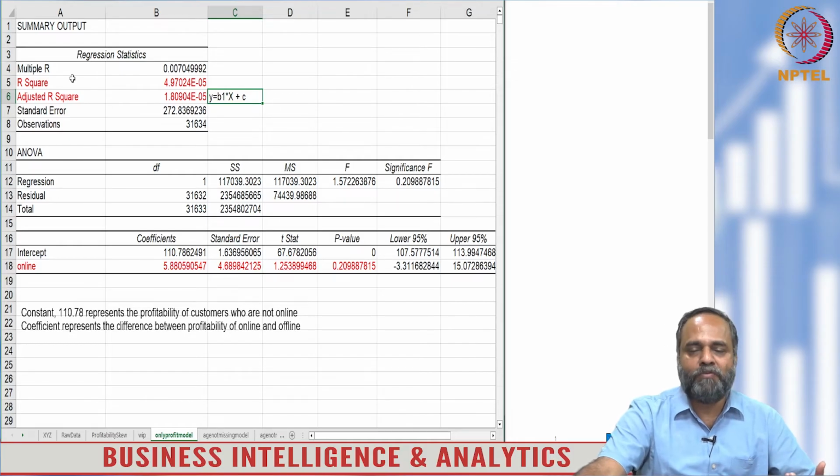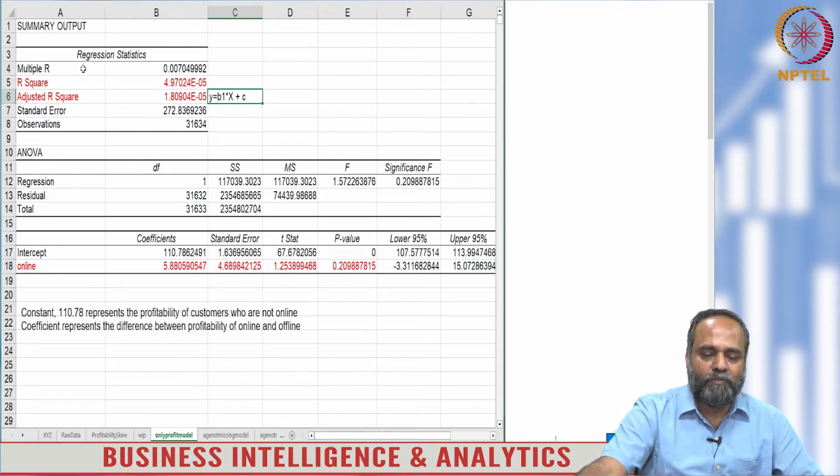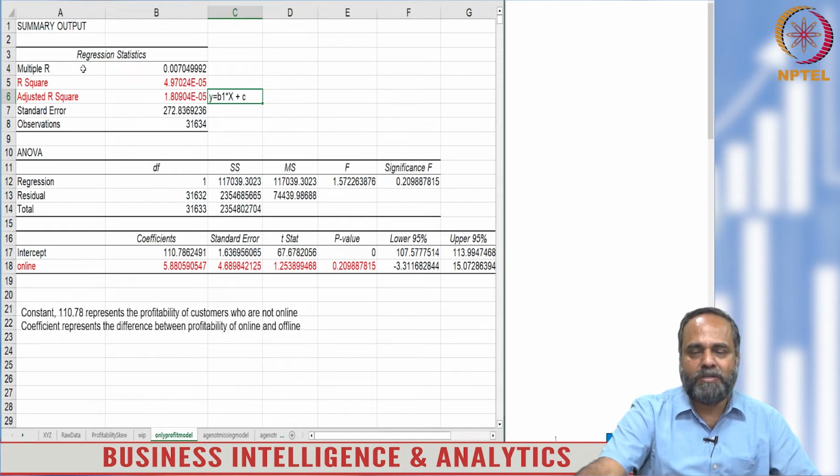The dependent variable will be profitability, and my independent or explanatory variable would be the online status, online or offline. When you prepare a dummy variable for regression, you need to have only one variable if it's a binary valued variable. You need to add only one variable, which is online.